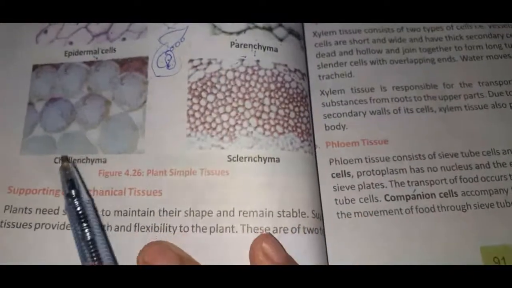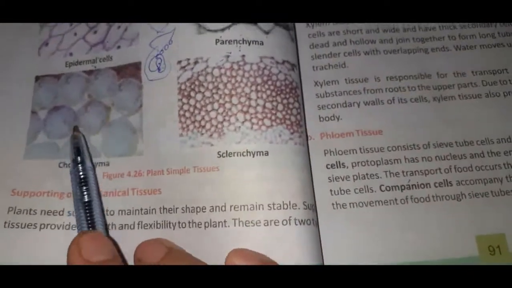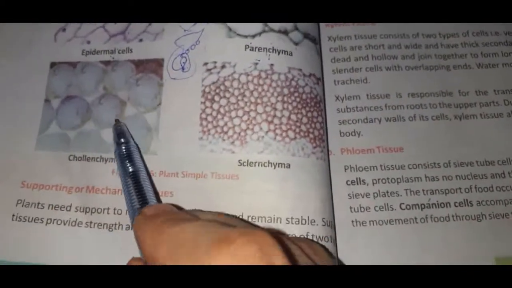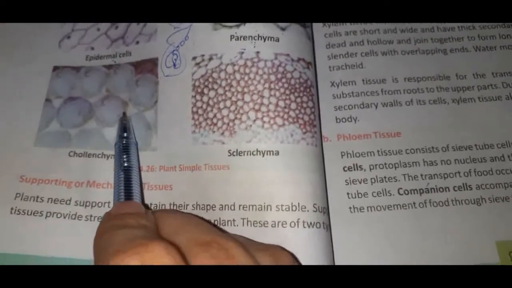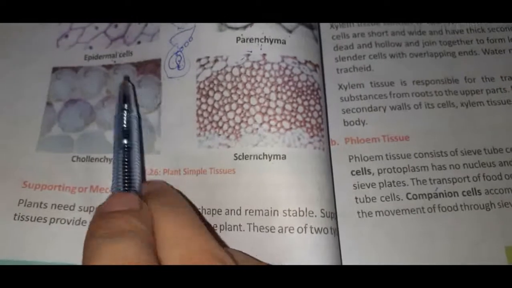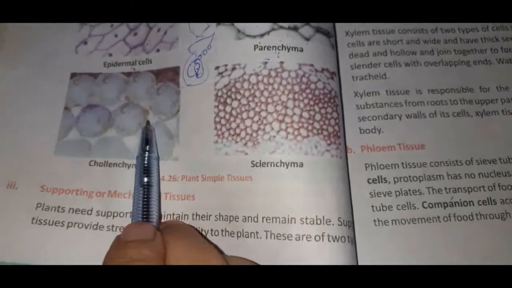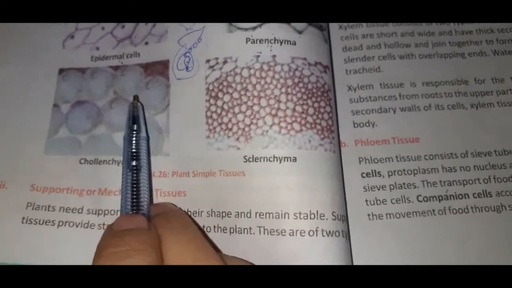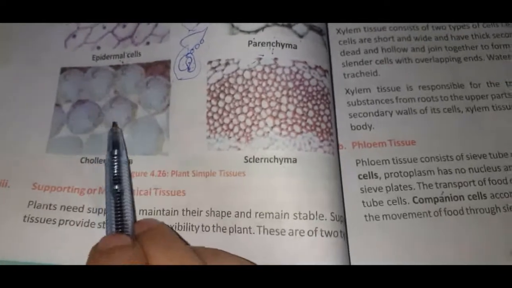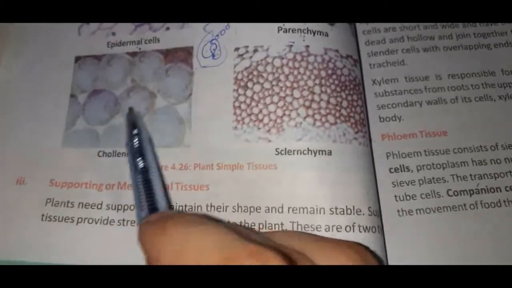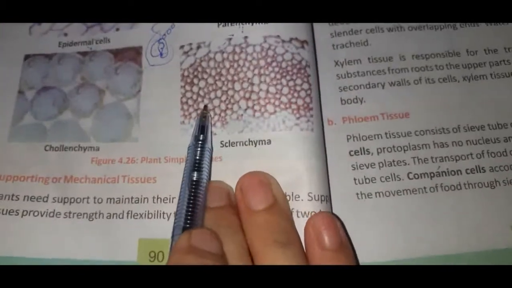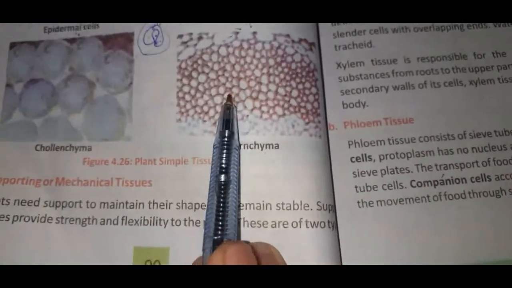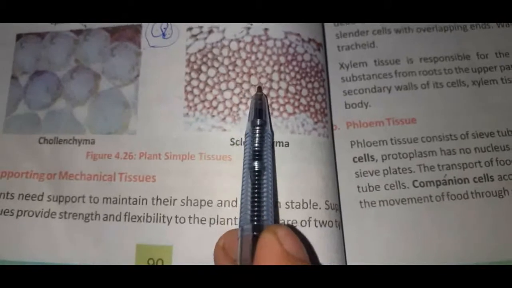In collenchyma tissues, you will find them only in the young stems, and they provide strength to different parts of the young plant, right? They are living, elongated, and polygonal in shape. Whereas the sclerenchyma tissues are dead and they have thick walls.